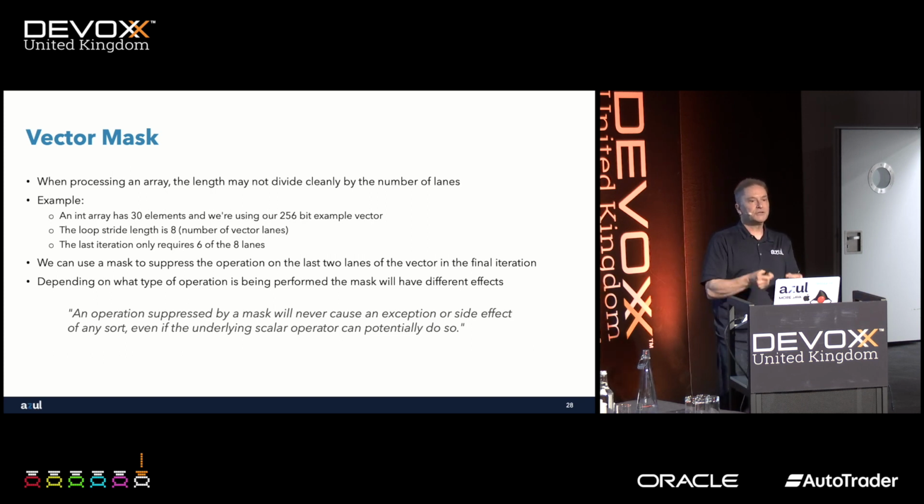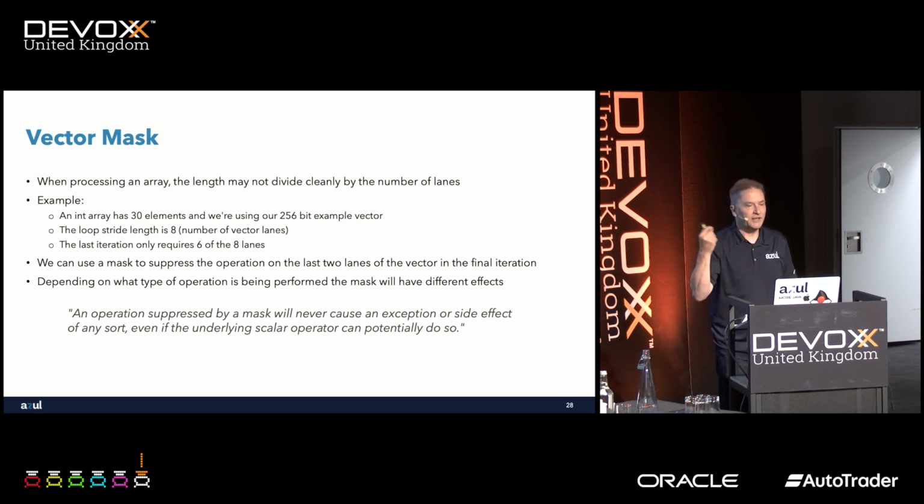Using a mask, I can say ignore the lanes in that vector which don't have values in them. So if I've got 4 lanes in use, I can mask out the other 4 lanes so that they don't have any impact on the operation that's taking place.